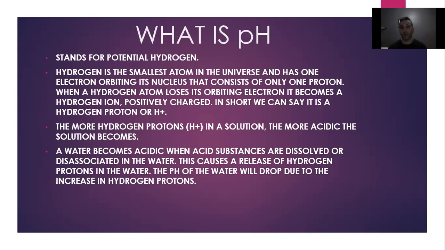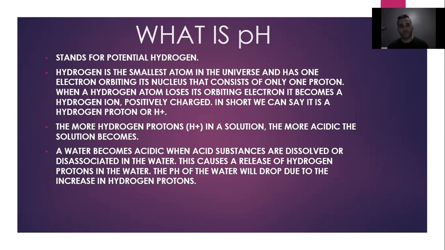So if you have pure water, okay, and you add in an acidic substance or mineral, the result of that is going to be an increase of these hydrogen protons, and because of that increase in hydrogen protons, the pH is going to decrease. We're going to lower the pH.